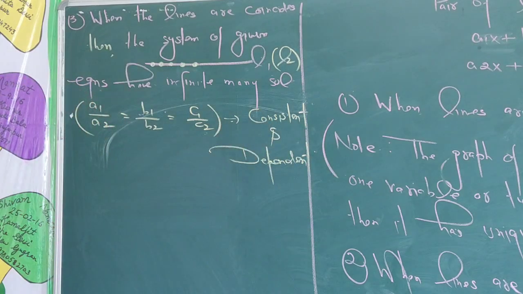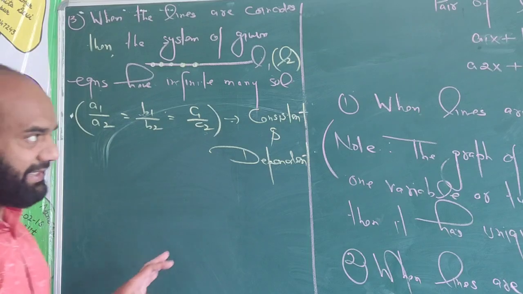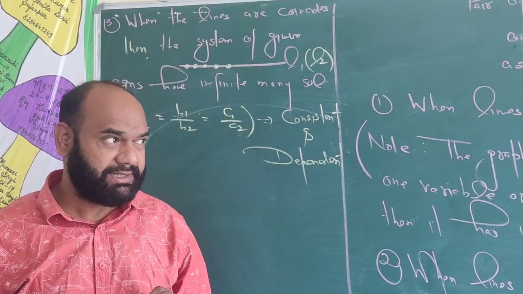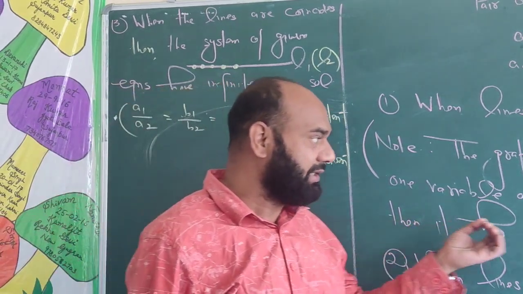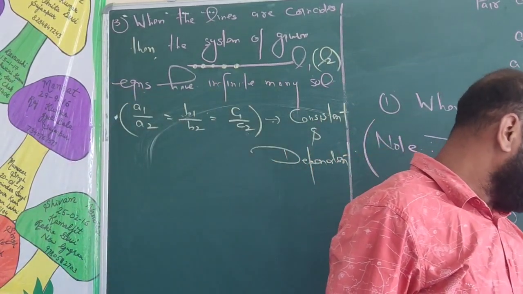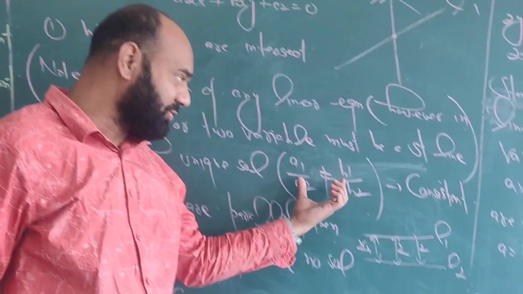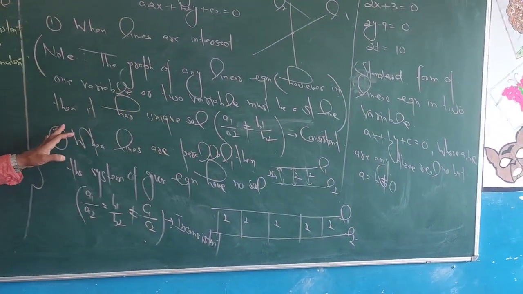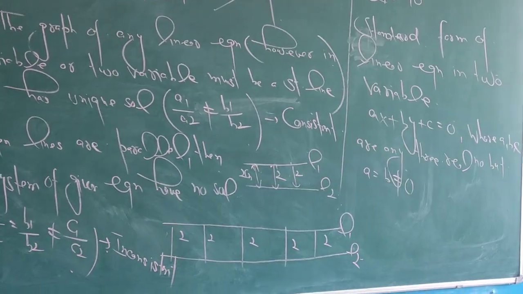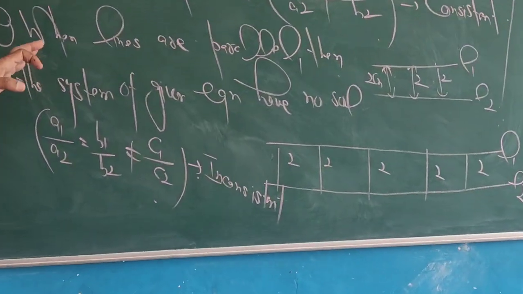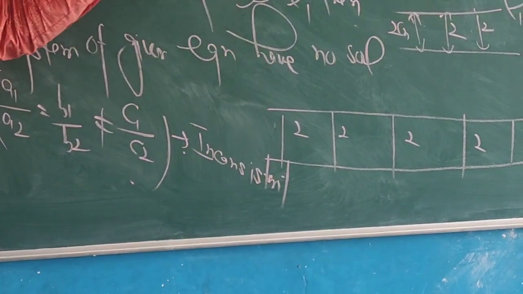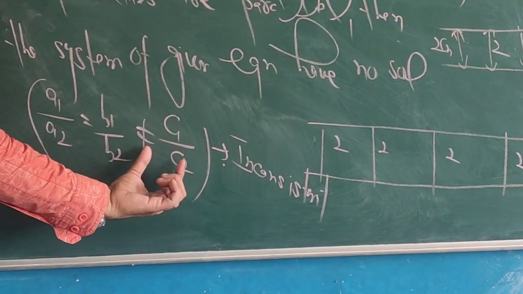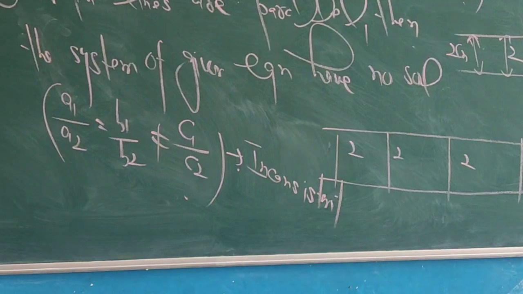So in this chapter there are only three conditions. First is when the lines intersect, then it has a unique solution, and in the unique solution the ratio of coefficients of variables of the first two terms is never equal, and it is said to be consistent. And when the lines are parallel, then there is no common point. So in this condition there is no solution, and in no solution the ratio of the first two terms is equal and the third is not equal, and it is said to be inconsistent.